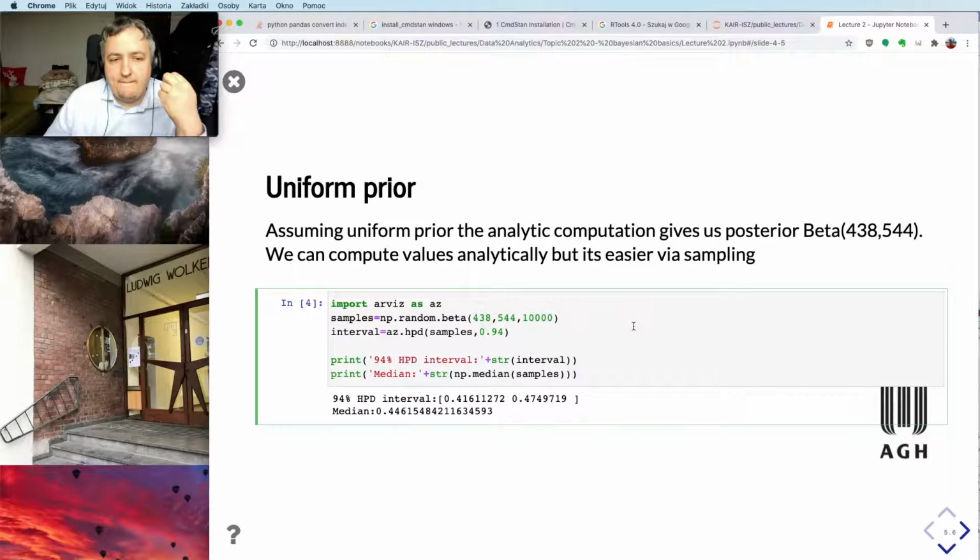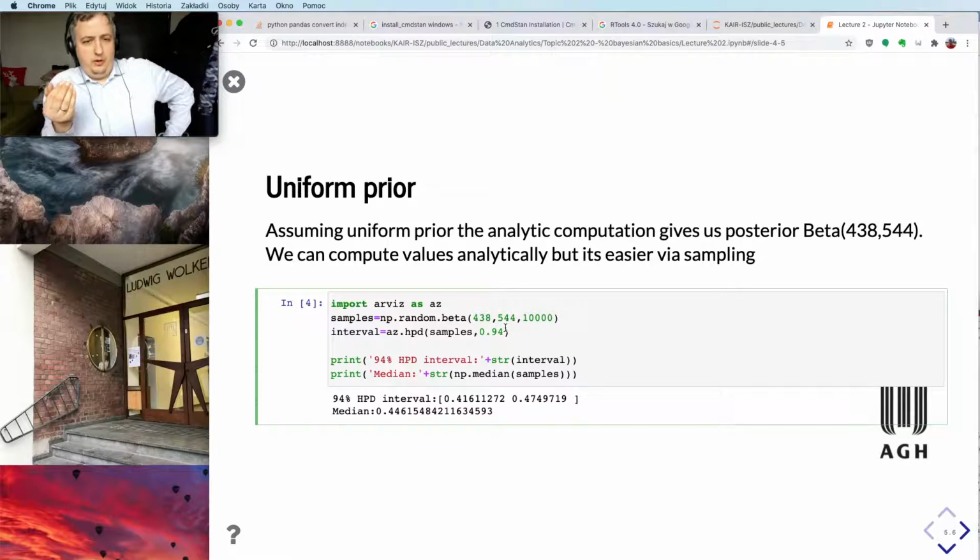So we have our previous computation with a uniform prior, and it gives us the posterior of a beta with parameters 438 and 544, for which we will compute 10,000 samples, on which we will compute the highest posterior density interval of 94%.